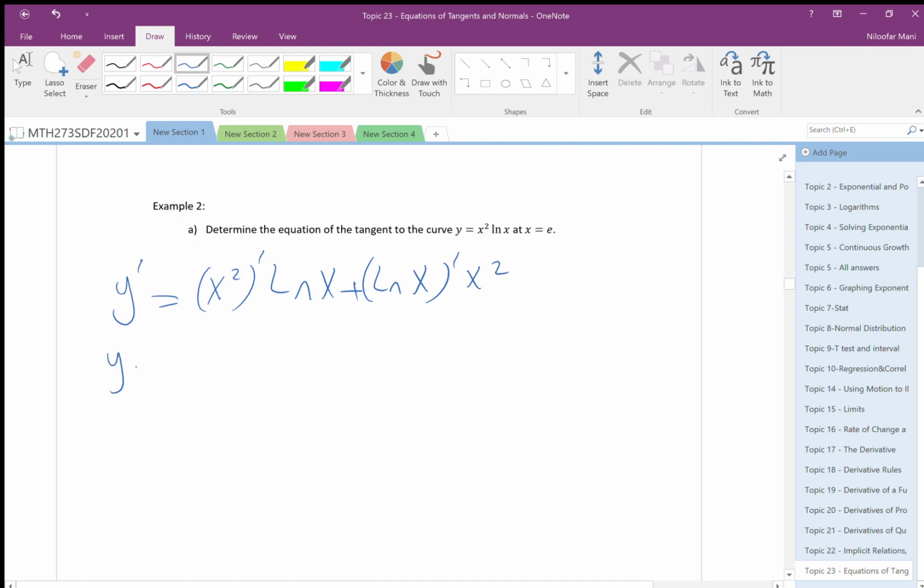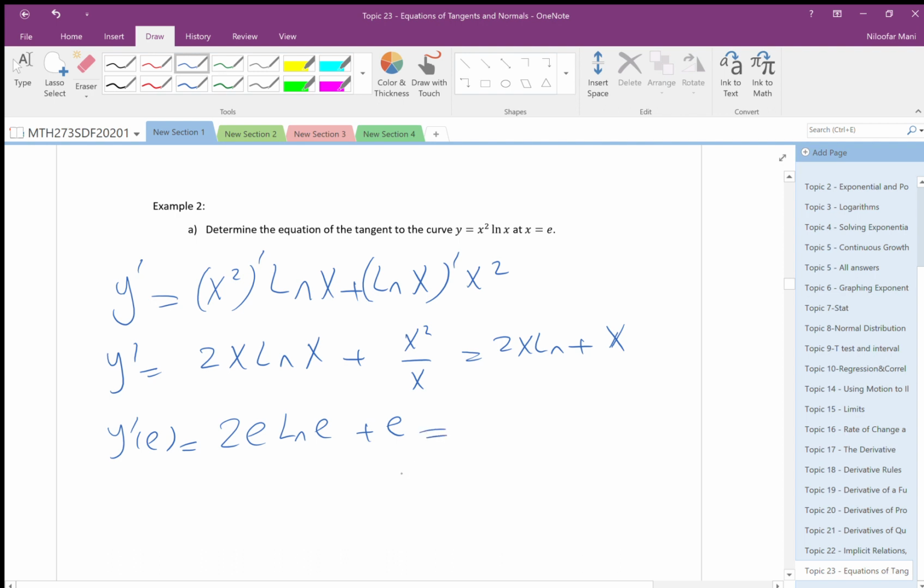So y prime is 2x ln x plus x squared times 1 over x, which is 2x ln x plus x. So y prime at e is the slope of the tangent line: 2e ln e plus e. What is ln e? 1. So it's 2e plus e, which is 3e.